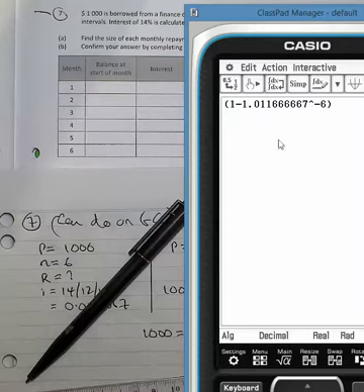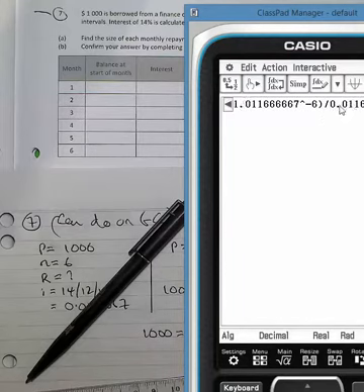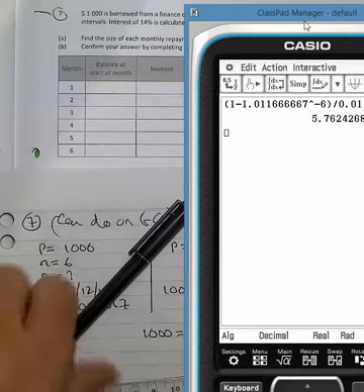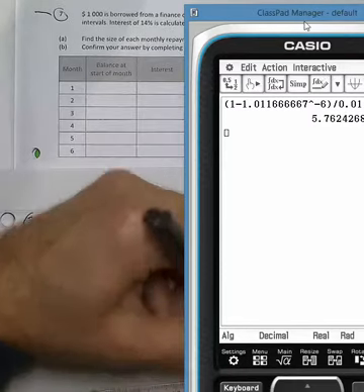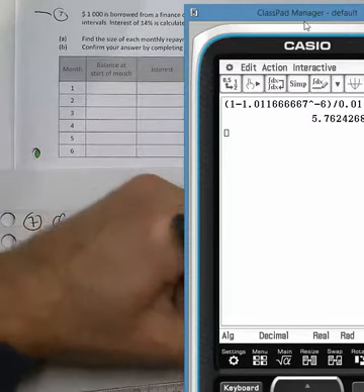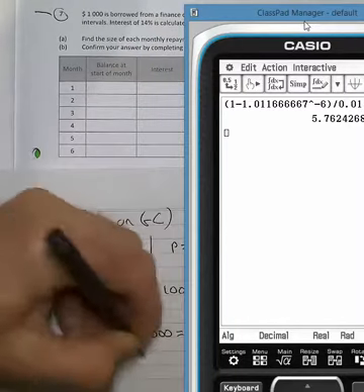And I'll divide that by the interest rate as a decimal. And I get 5.7624. I'll put a couple more digits in.